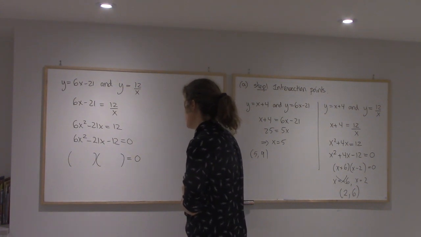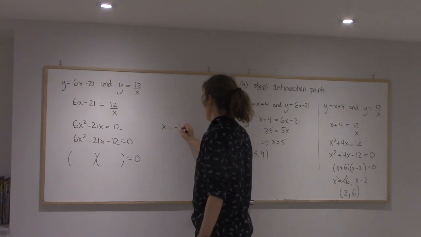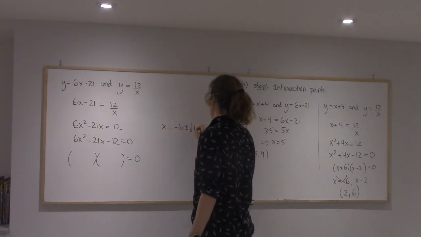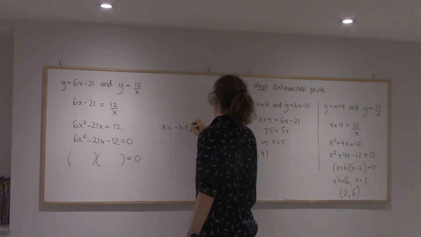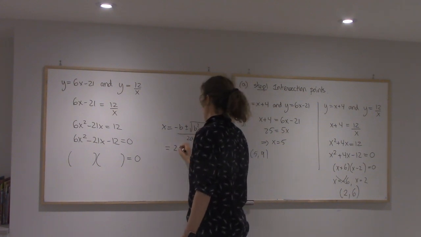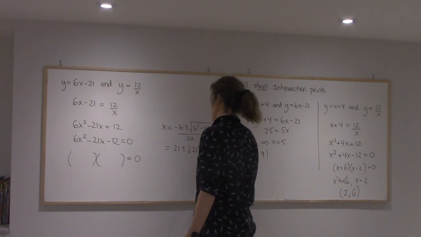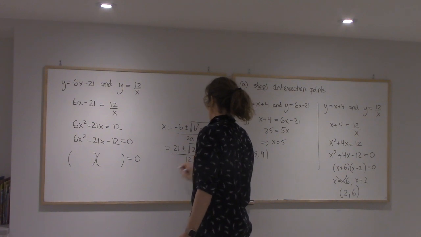Let's look at the quadratic equation just to make sure. I get minus b plus or minus the square root of b squared minus 4ac, divided by 2a. So I get 21 plus or minus the root of b squared minus 4 times 6 times 12, divided by 12.